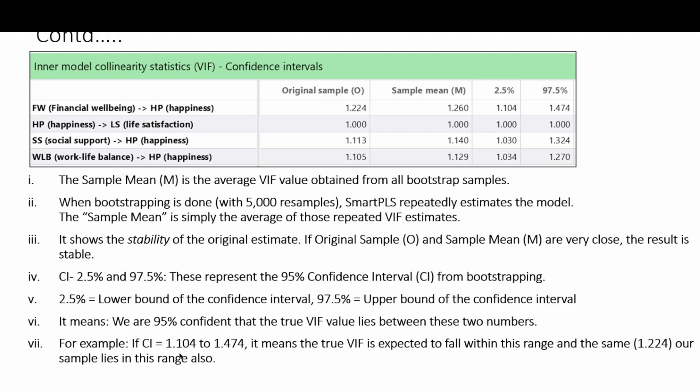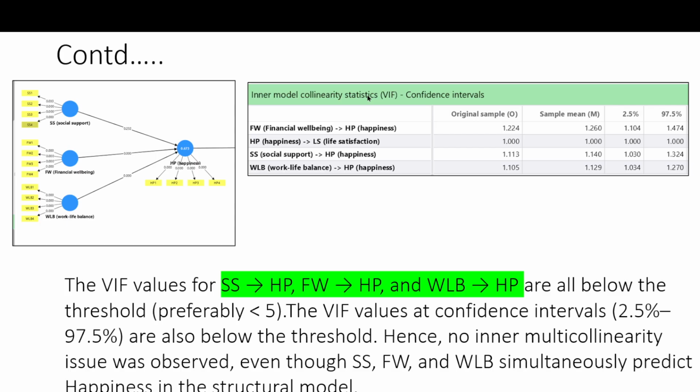For example, if the CI is 1.104 to 1.474, it means the true VIF is expected to fall within this range. It means our sample value, 1.224, lies in this range also. So in this way, our VIF is estimated correctly.